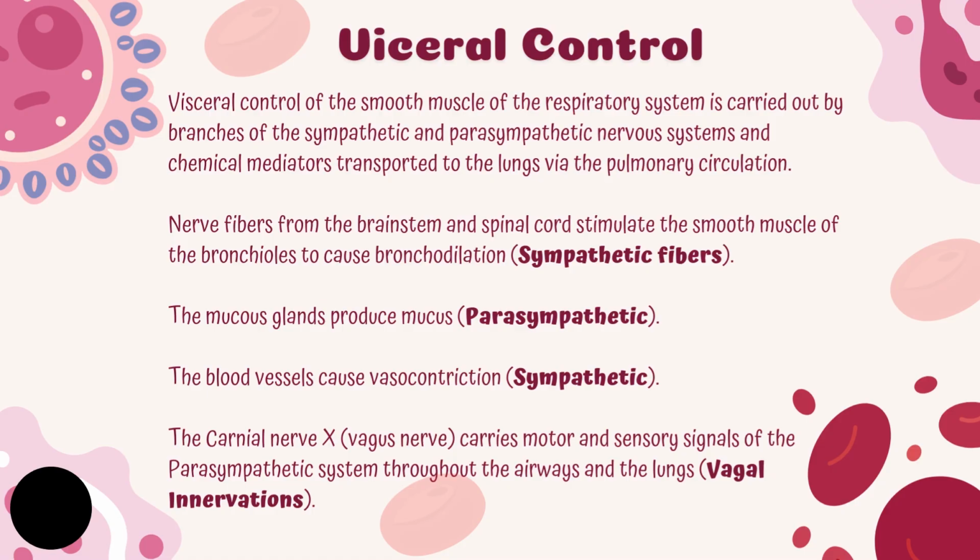The blood vessels cause vasoconstriction, which activates the sympathetic nervous system. Now, cranial nerve 10, also known as the vagus nerve, carries motor and sensory signals of the parasympathetic system throughout the airways and the lungs. This is known as the vagal innervation.